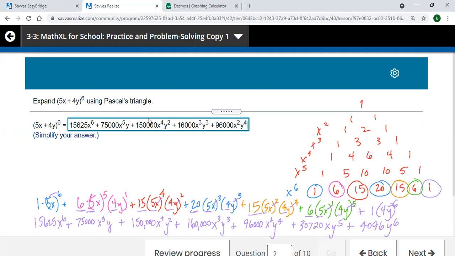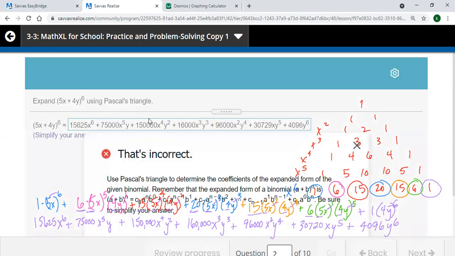And then plus 3720 x y to the fifth plus 4096 y to the sixth. I will be absolutely astounded if there's not a mistake in there.